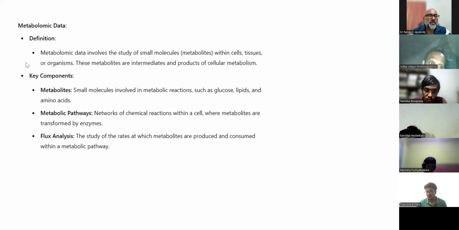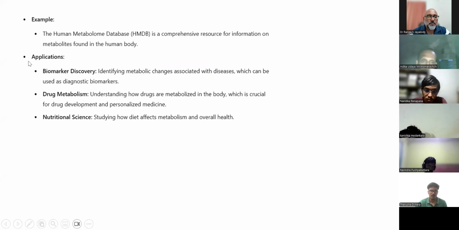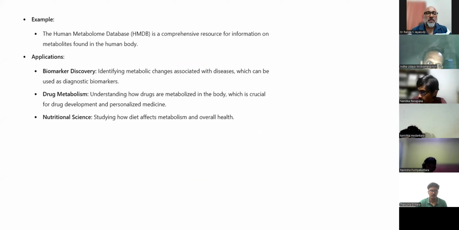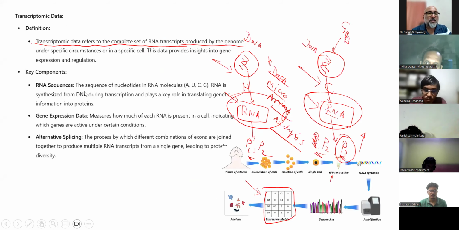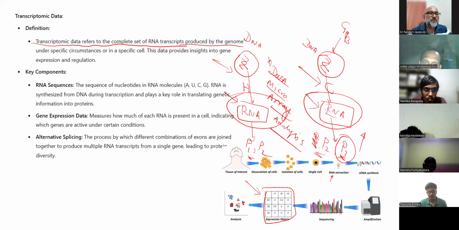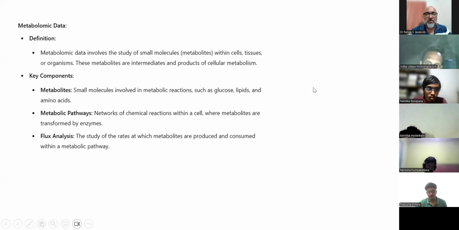And then systems biology type of data. I think I'm missing that slide. I'll try to get the other one in the next lecture, where we look at the systems biology of pathway data, right? Metabolic data and then pathway data.